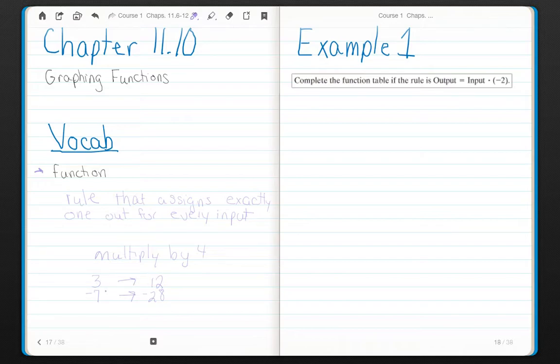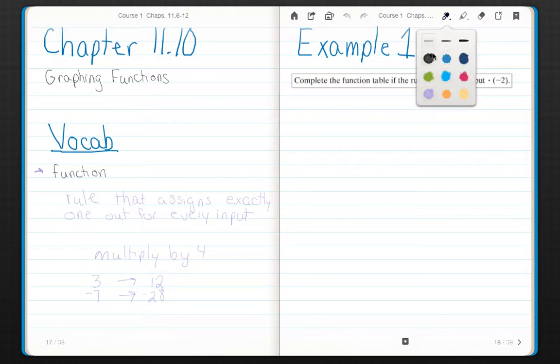So let's put this into action. Complete the function table if the rule is output equals input times -2. You always need to create your own input-output table.